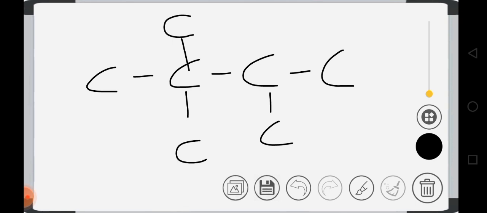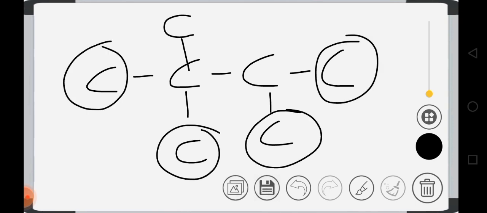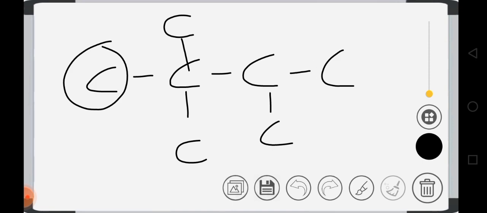So let's look at the position of all these carbons now. Now this carbon, this one, and this, they are just attached to only one carbon. So automatically they are primary carbon.